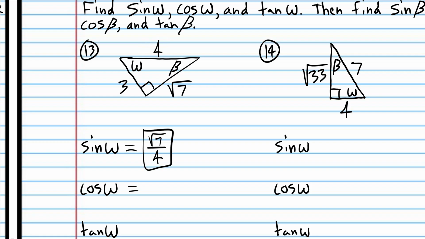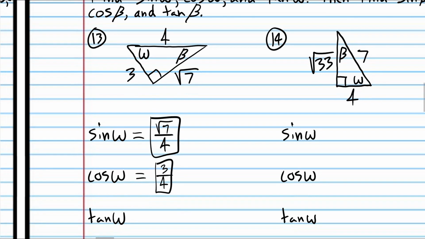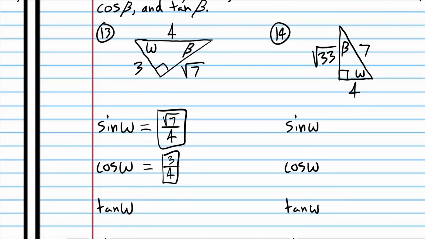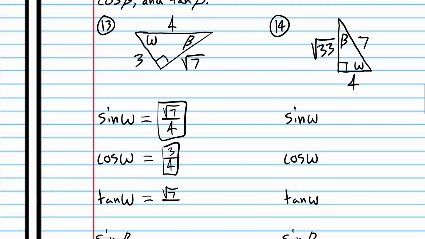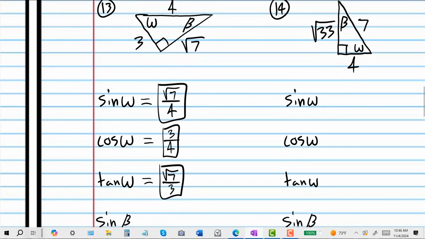So cosine omega is 3 over 4, adjacent over hypotenuse. And tangent omega is the side opposite omega, which is root 7, over the length of the side that is adjacent to omega. So if you got those right, good job.